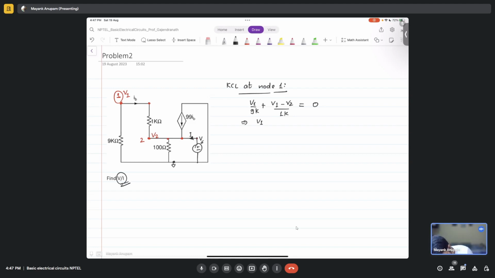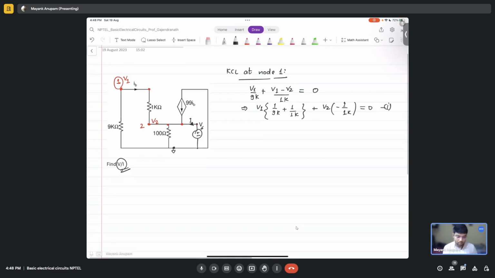Again, let's collect terms of the same order. 1 by 9K plus 1 over 1K times V1, minus V2 by 1K, equal to 0. So this is equation 1.